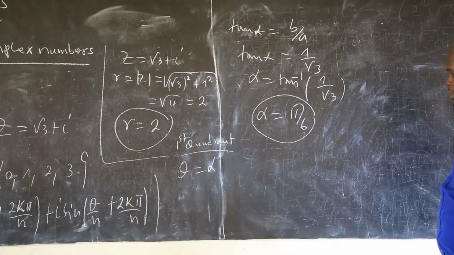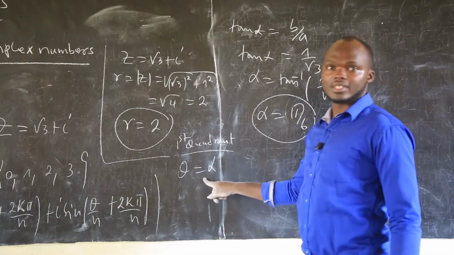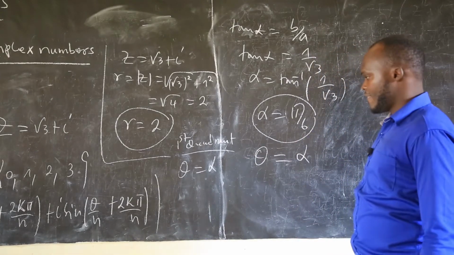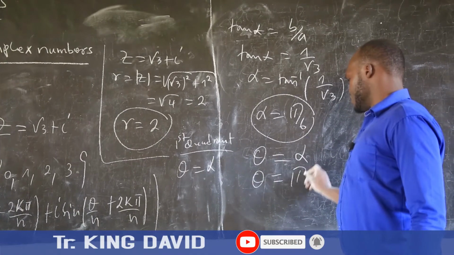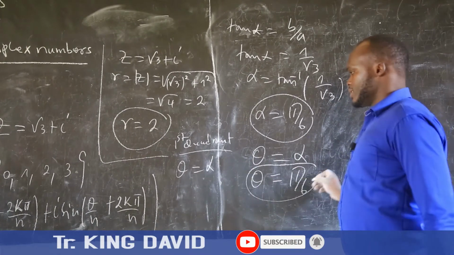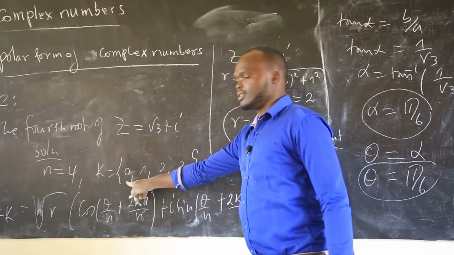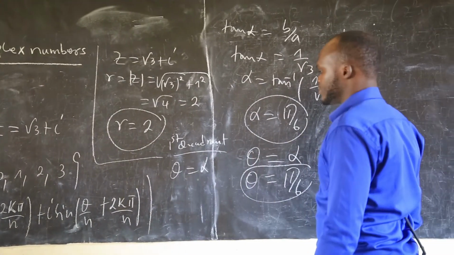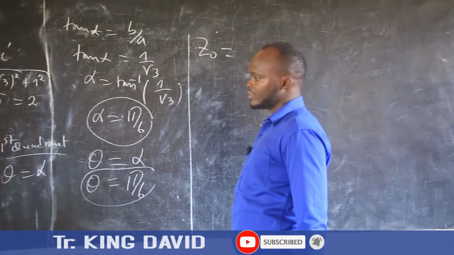Since it is in the first quadrant, our angle is the same as alpha, which is pi over 6. Then we start with z0, because k starts from 0. Our n is 4.